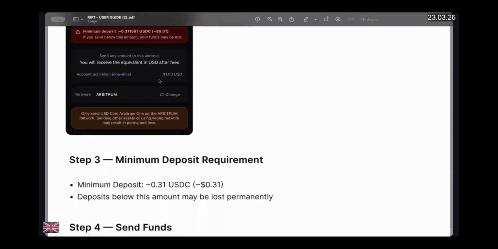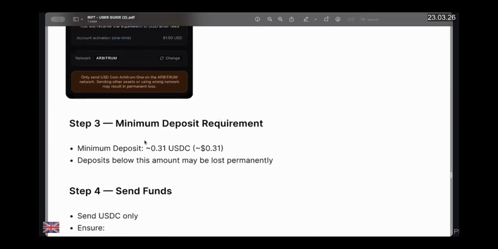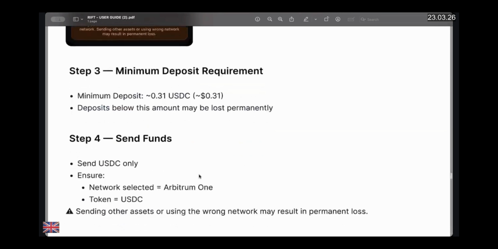There will be a one-time $1 wallet activation fee for your self-custodial wallet. This will be with you always. You can export that wallet to your external wallet, no external app, not a problem. There is also a minimum deposit of 31 cents. If you deposit below 31 cents, it will be lost permanently.